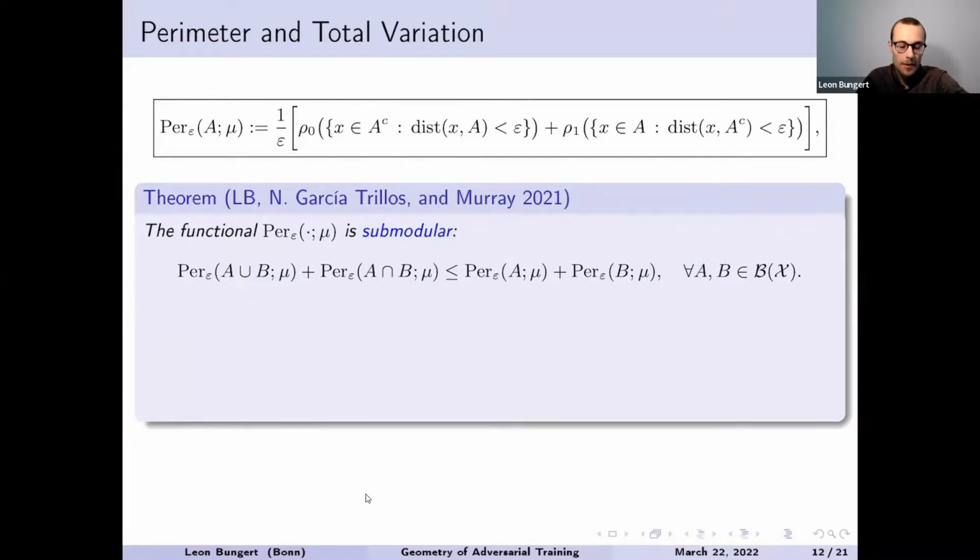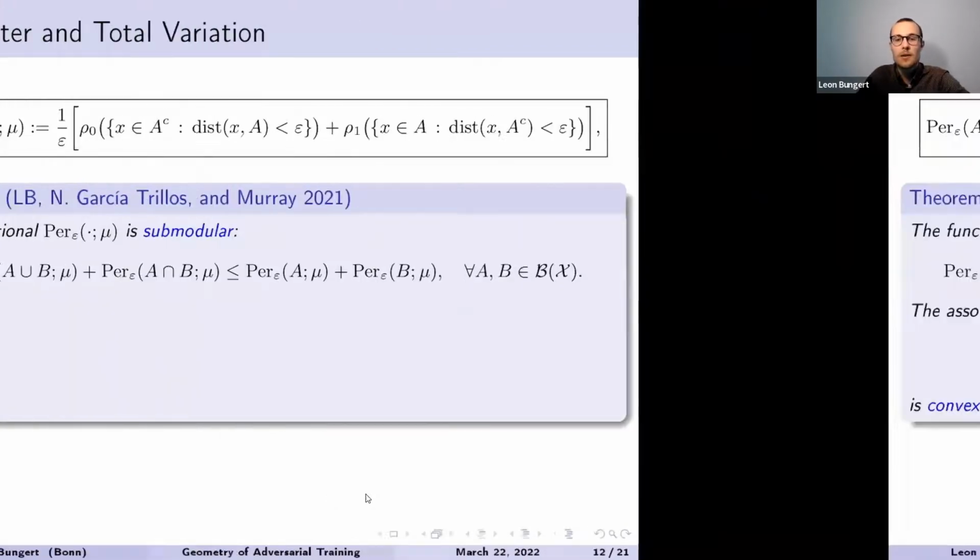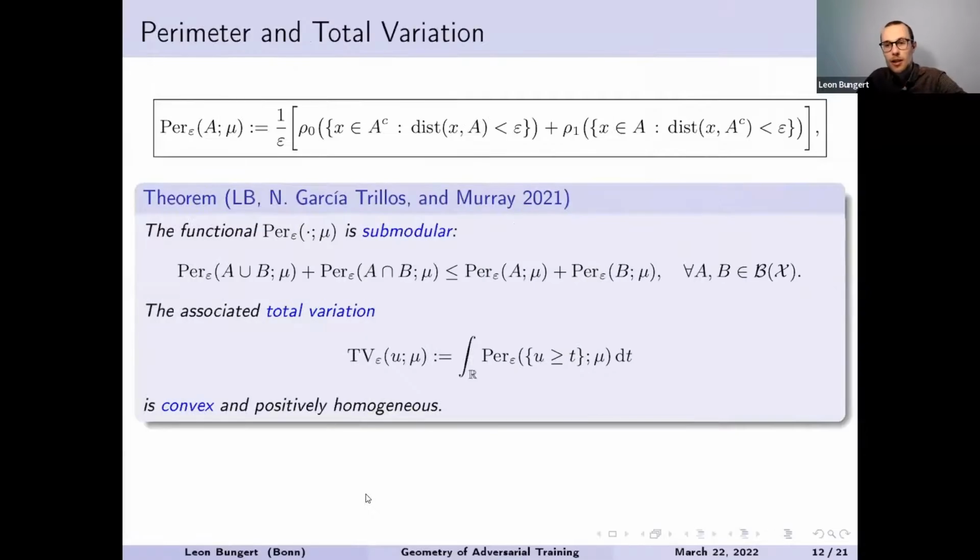And another good thing about the submodularity is that it allows us to define a total variation. And the total variation is now defined using the co-area formula. So as you would do it in classical BV literature, you define the total variation of a function u as the integral over the perimeters of all the super level sets of u. Right? So this basically decomposes u into its super level sets and adds up all the perimeters.